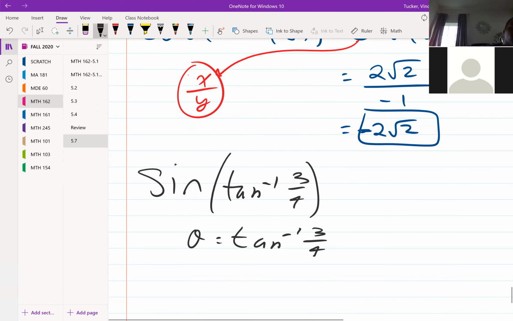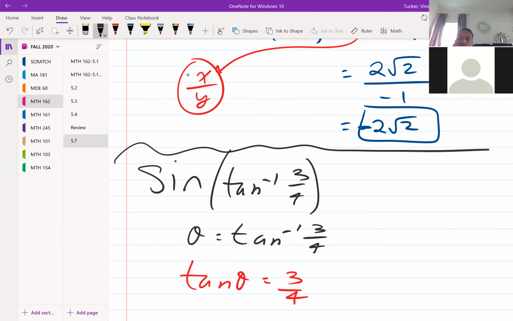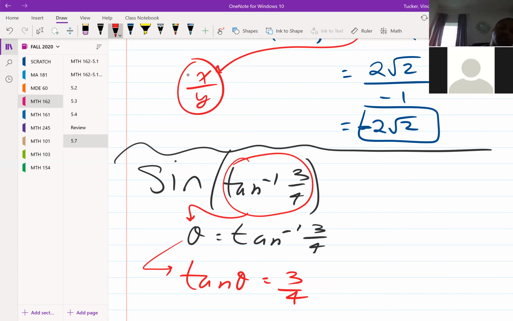So we have sine of tan inverse of 3/4. So we start off by letting what's inside of the parentheses, or what's being applied by sine, to be equal to theta. Then if you apply tan to both sides, this relationship.